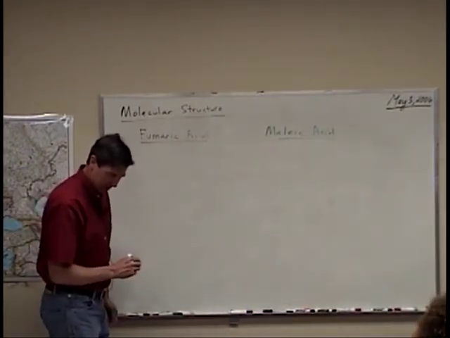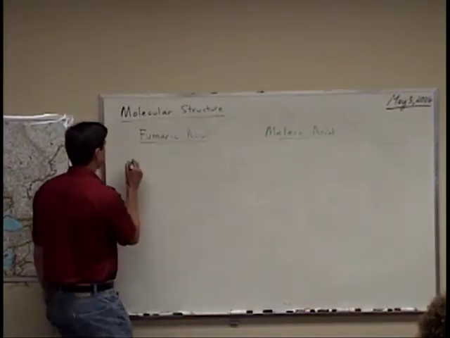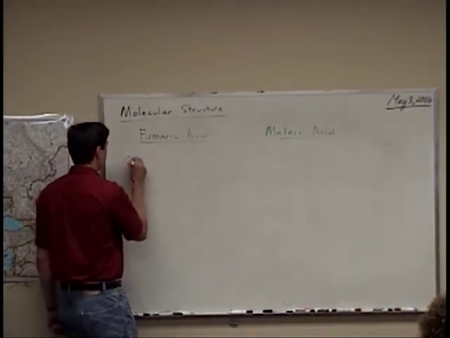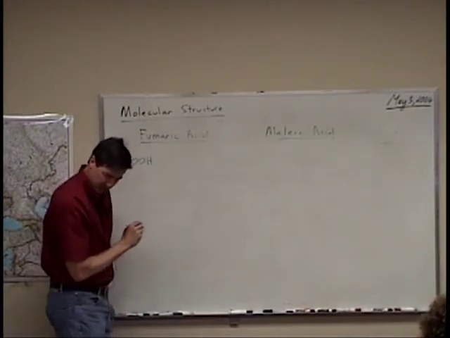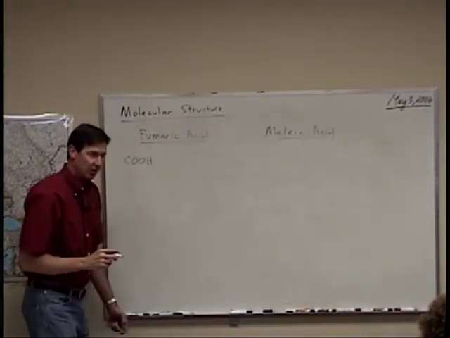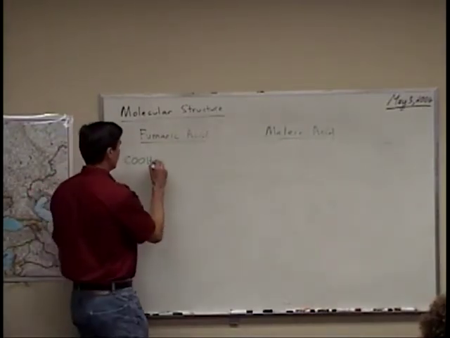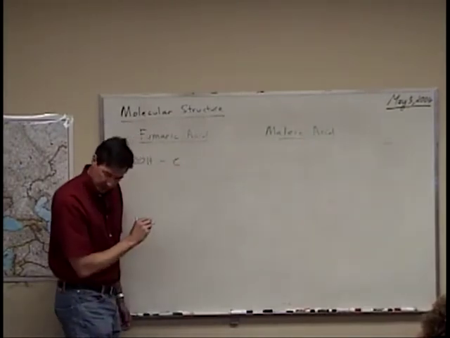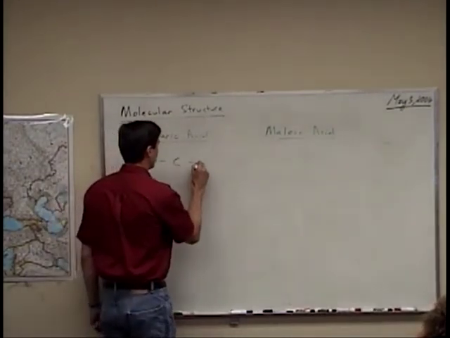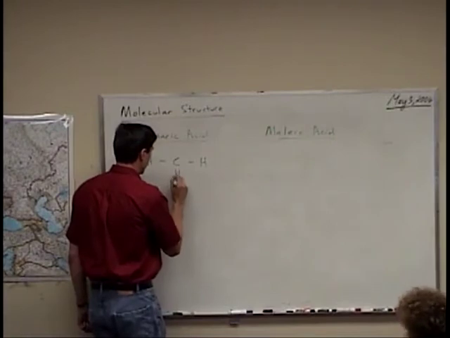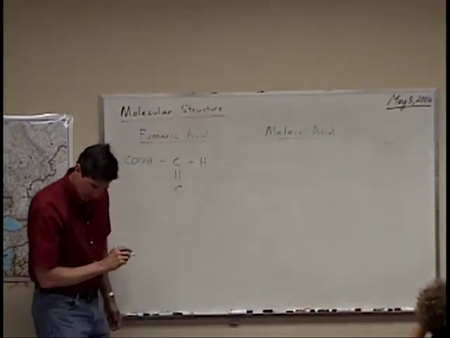But here's the structure that they found. Again, you've got one of these COOH groups attached to a carbon, which is attached to a hydrogen, double bonded to another carbon.